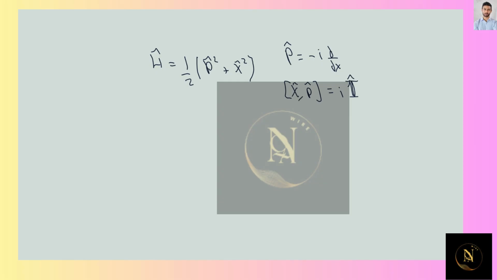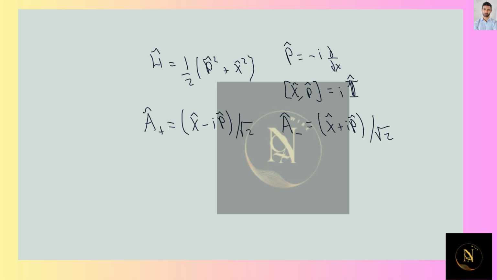is equal to i times the identity matrix, or i times identity as a vector, however you want to describe it. Both are valid. So we are told that we can get a pair of operators that are actually the ladder operators for the harmonic oscillator, which are described by the following: a plus is x minus ip over square root of 2 and a minus is equal to x plus ip over square root of 2.